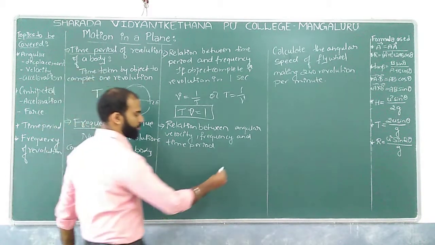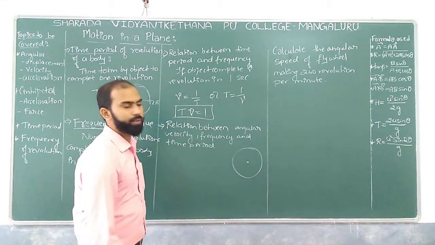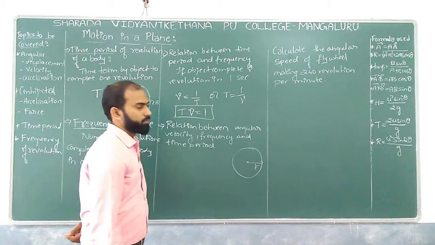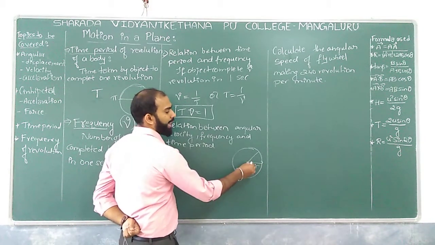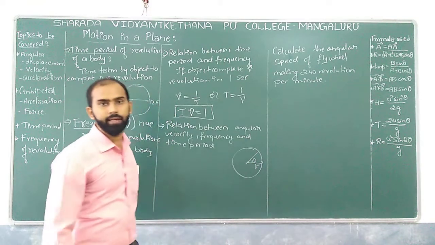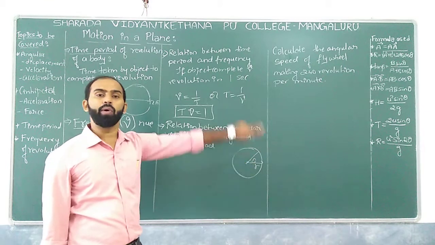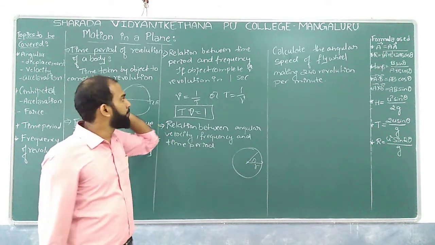If you have the center O over here and a radius, let us say r, and if it makes an angle theta or d theta, now if I complete one revolution with the time period as T.